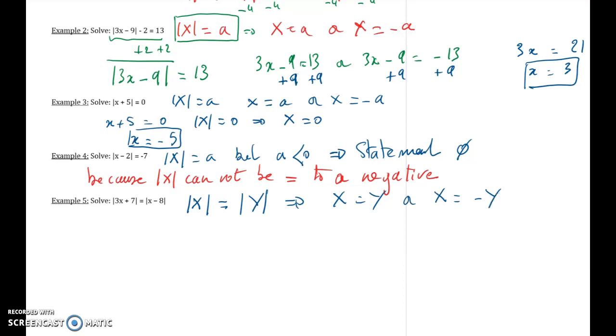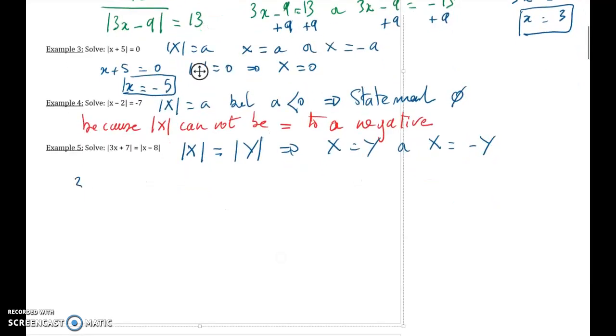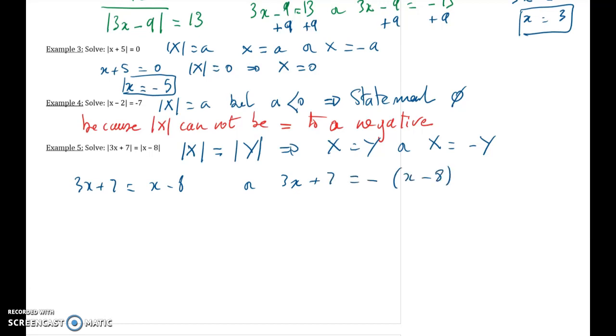So I end up with 3x plus 7 equal x minus 8, or 3x plus 7 equal negative x minus 8. You will notice what I've done: because I'm doing negative y, I'm putting parentheses around y, so I get rid of the negative by having negative x plus 8.